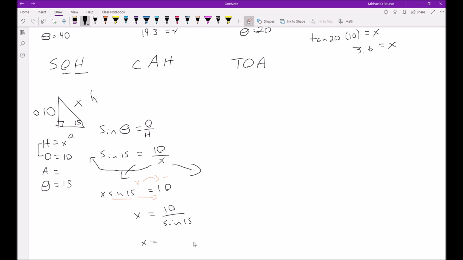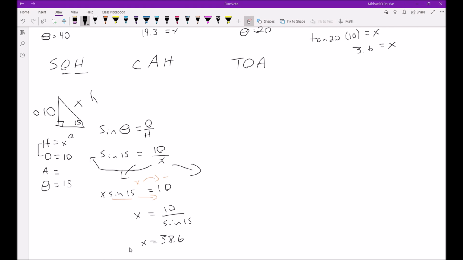So let's plug that in my calculator. Which one should I use first? Let's use this one first. So I'm going to go 10 divide by 15 and then press the sine button. Sine equals 38.6.